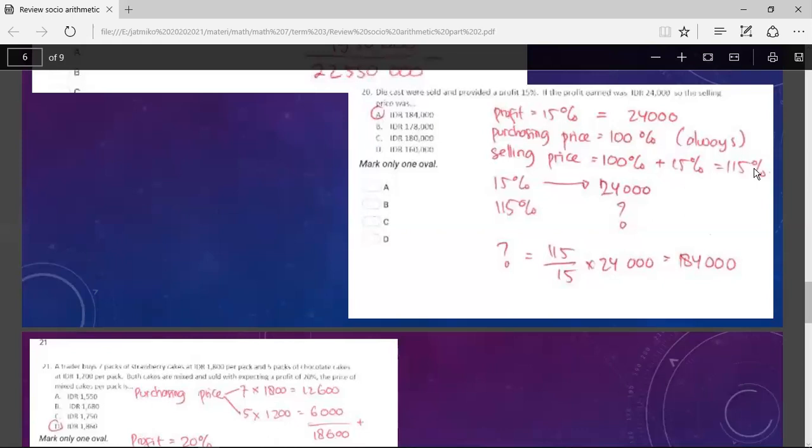Now we have a comparison again: 15% is equal to 24,000 and then 115% is equal to something. And how much is that something? It will be bigger than 24,000. So we put 115 on top and 15 on the bottom, times 24,000, which is equal to 184,000 rupiah.